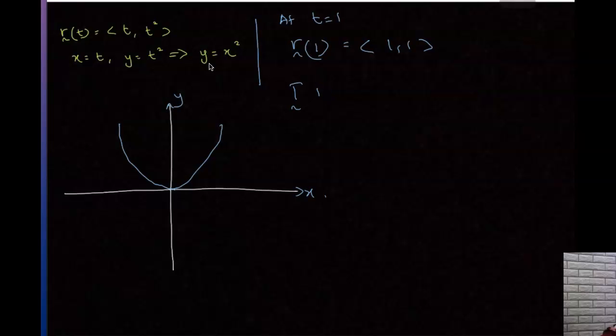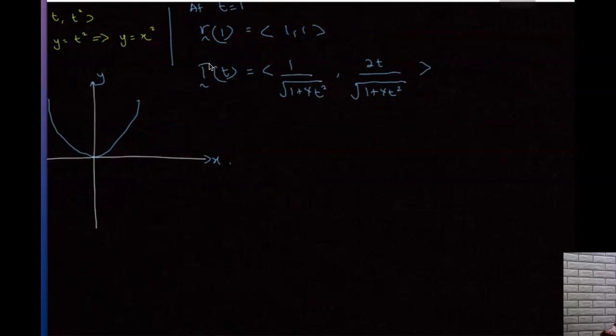The unit tangent vector in t that we obtained previously is 1 over square root of 1 plus 4t squared, and then 2t over the square root of 1 plus 4t squared. When we replace t with 1, we obtain 1 over square root 5, and then 2 over square root 5.